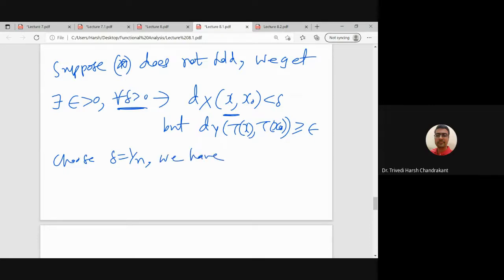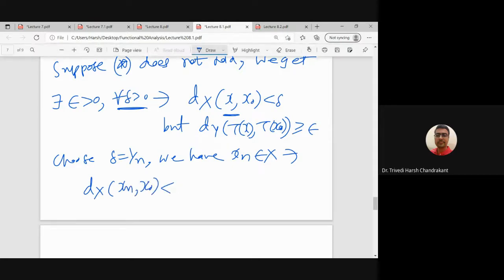So for each n we have xn such that the distance of xn with x naught is less than delta, so delta is 1 upon n, but the distance of Txn with Tx naught is greater than or equal to epsilon.